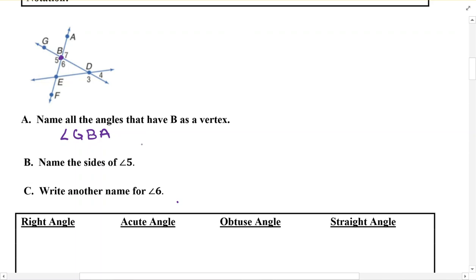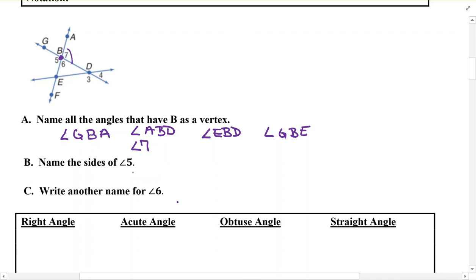I also have angle 7. Again, B is the vertex, and I could call it ABD. So those are 2 different names for angle 7. I also have angle EBD, which is actually the same as F. I could put F in there if I wanted to, angle FBD. And I have angle GBE.